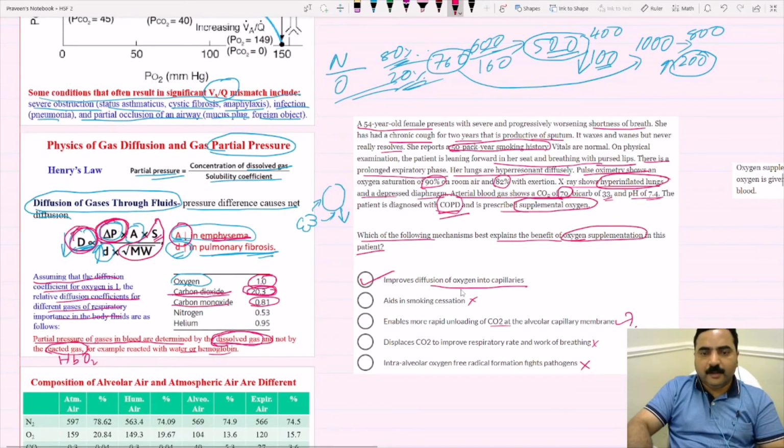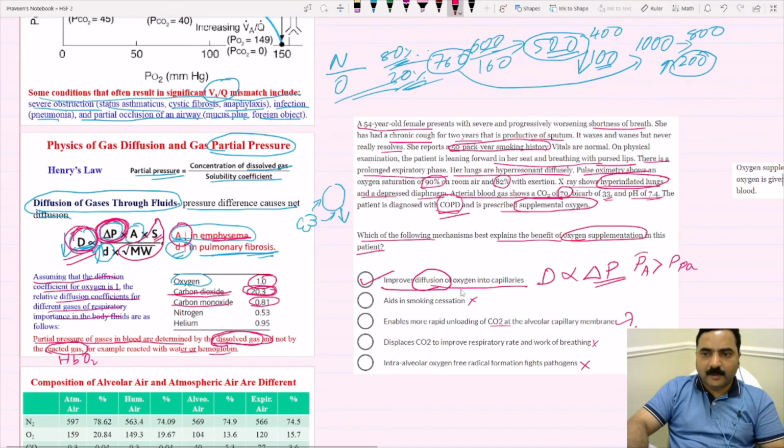So what happens over here? You improve the diffusion of oxygen, because you know this diffusion equation now: diffusion is directly proportional to delta P. In order to create delta P, that means the pressure gradient, the pressure in the alveoli should be more than the pressure in the blood vessel, in the pulmonary artery.